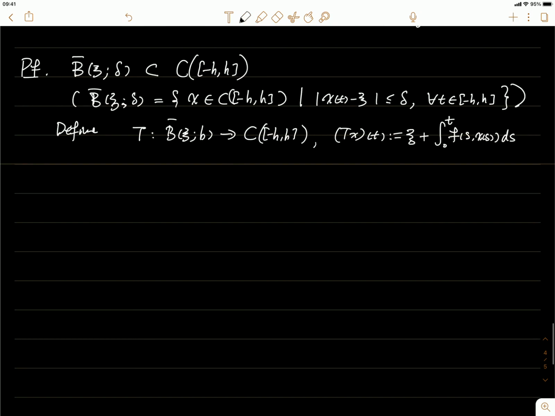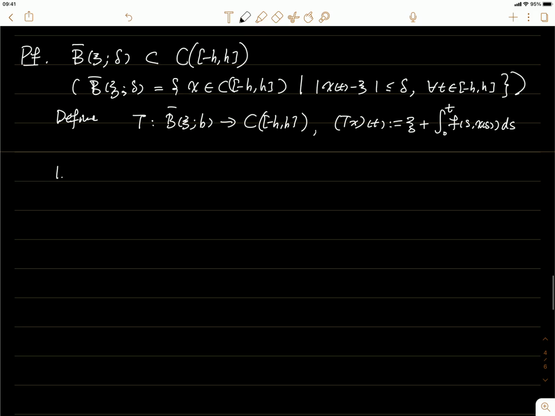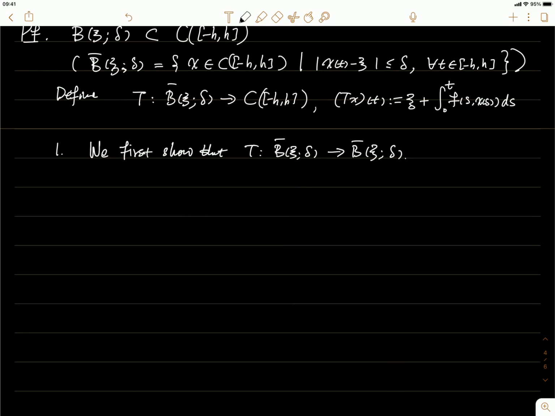Okay, so the first step is to show that T is actually a mapping from the B bar to itself. It should be delta. To this end, we just need to show that after the mapping, the function is still in the ball.